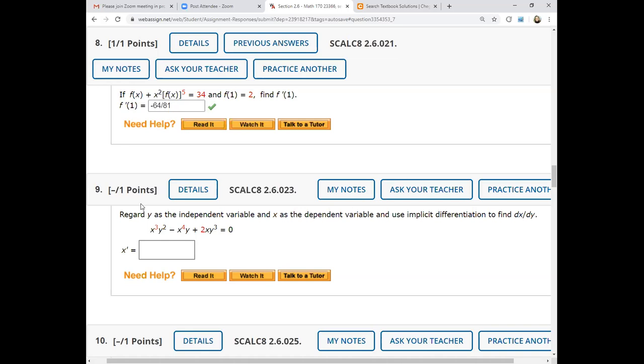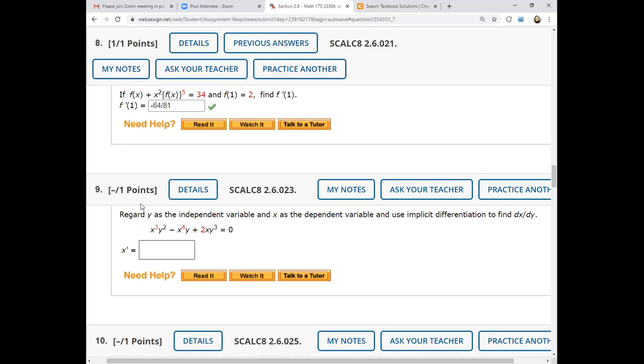You're probably better off if you do it separately like you did on the other one. Remember I showed you the derivative of y with respect to x and the derivative of y with respect to y.